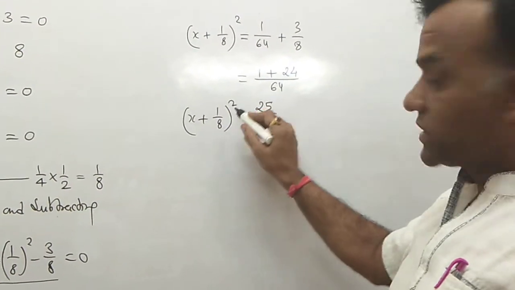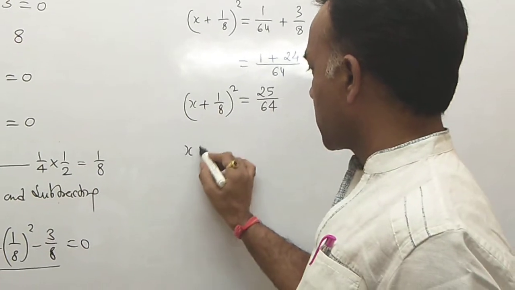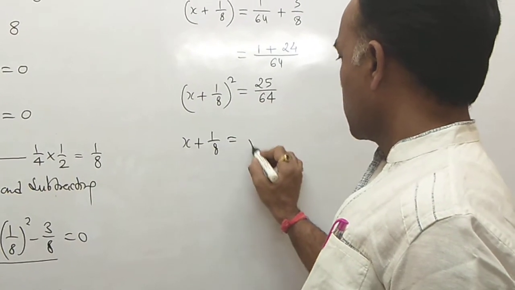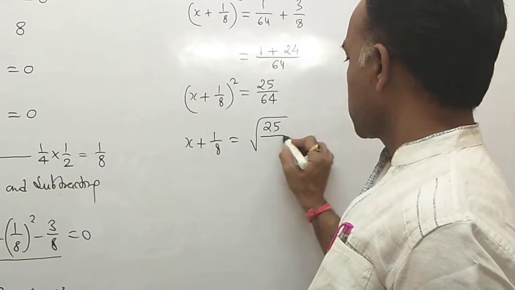Now we remove the square sign on the left, so on the right hand side it converts into a square root, and we put the root sign on 25 by 64.